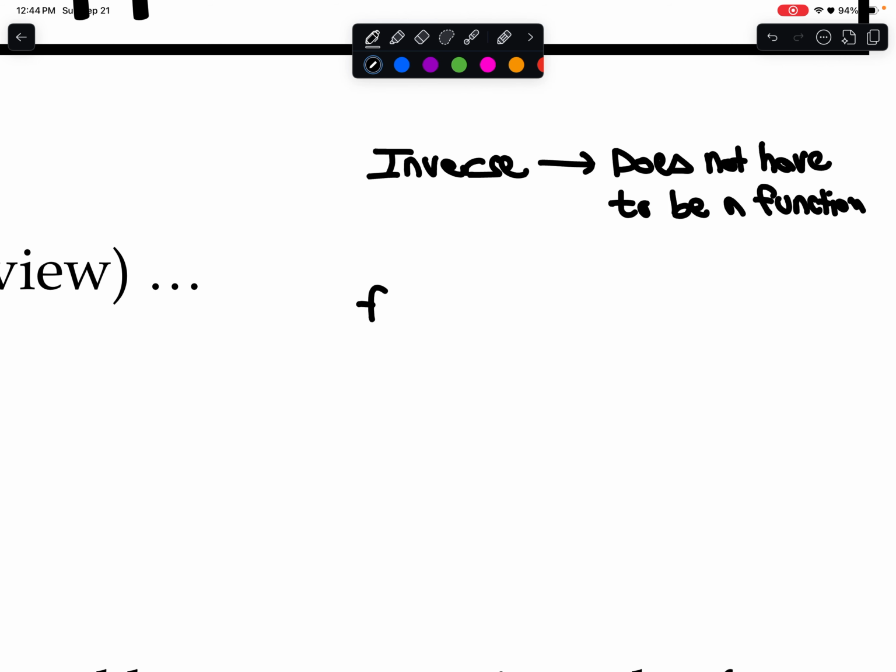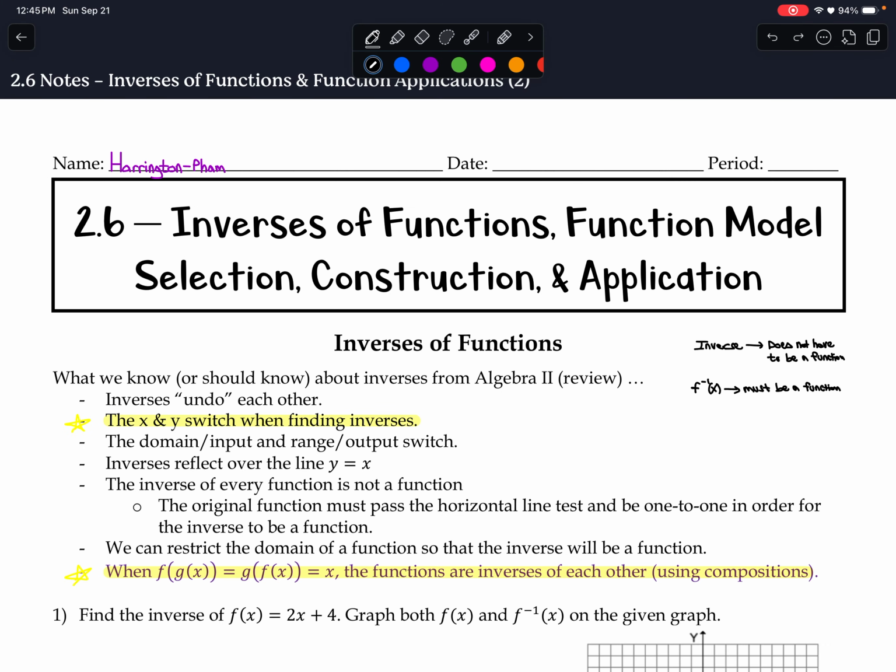But if I were to write f of -1 of x, which is the inverse, this must be a function. So just be careful when you're writing inverse right here, because that gets mixed up with a lot of people.